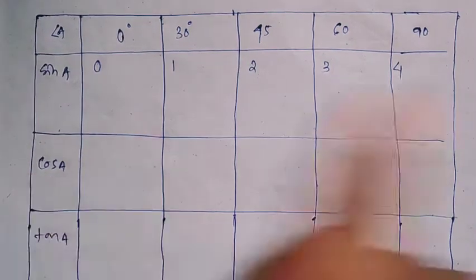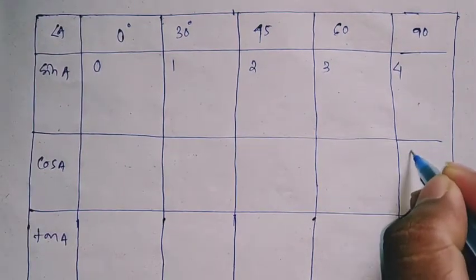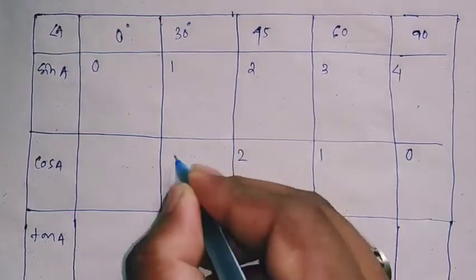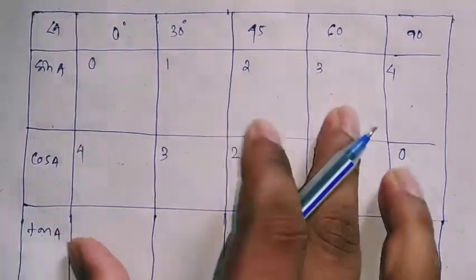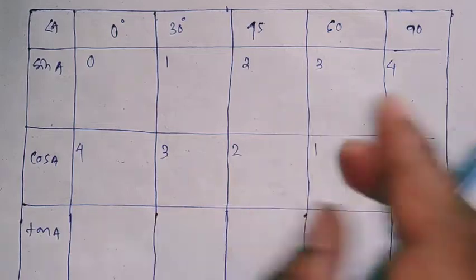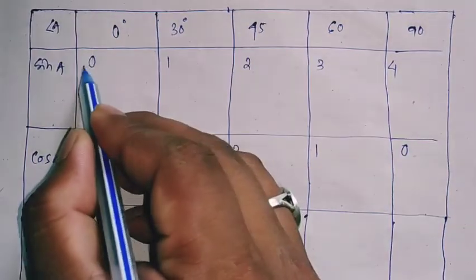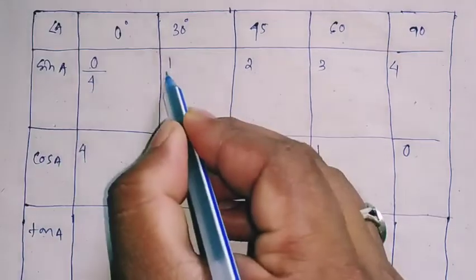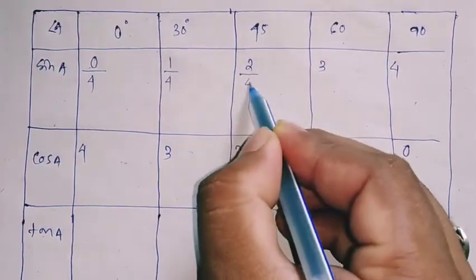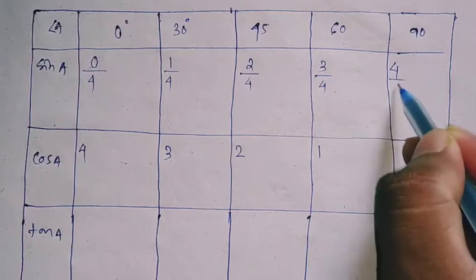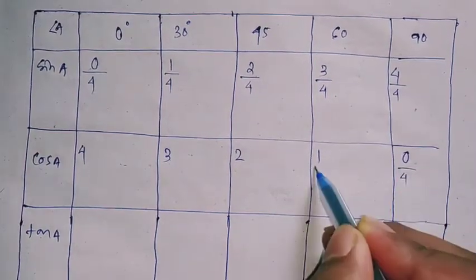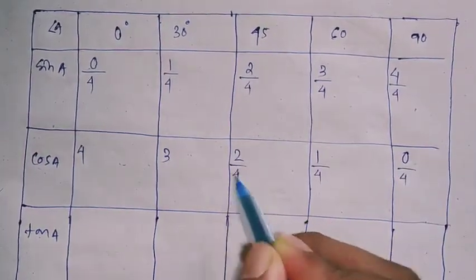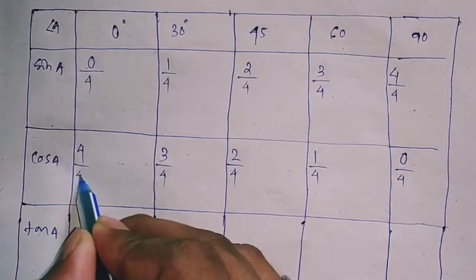In the cos A section, write in reverse manner 4, 3, 2, 1, 0. These are not the values. We have to evaluate the values. So divide all these numbers by 4.